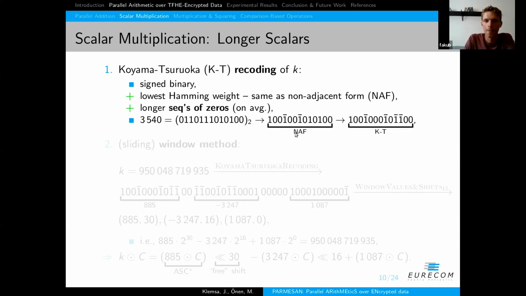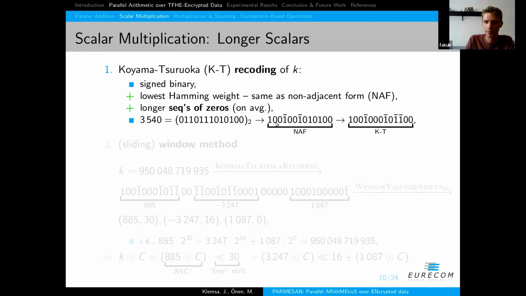Non-adjacent form means that there are no neighboring non-zeros, so we can see that every non-zero is surrounded by zeros. Whereas in the Koyama-Tsuruoka recoding, there is no such condition, but it has the same Hamming weight. We can see 1, 2, 3, 4, 5 is the Hamming weight of this representation, and 1, 2, 3, 4, 5 is the same as for the Koyama-Tsuruoka representation, with the difference that the sequences of zeros are on average longer.